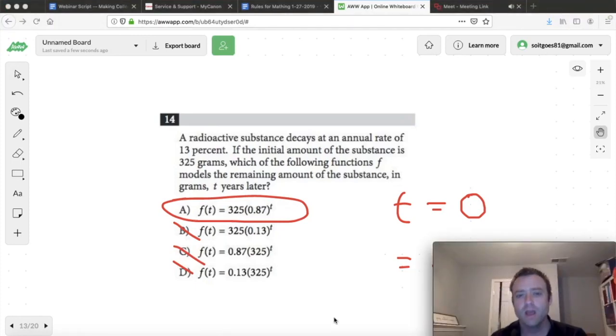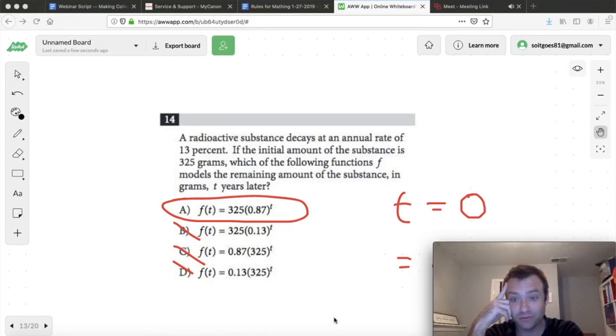Another option here, you can also plug in a 2 for t and see what happens, right? And what would happen to answer choice C and D if you plug in a 2 for t? Or a 3 for t? It would be smaller. Not for answer choice C and D. They would be bigger. They'd be huge, right?